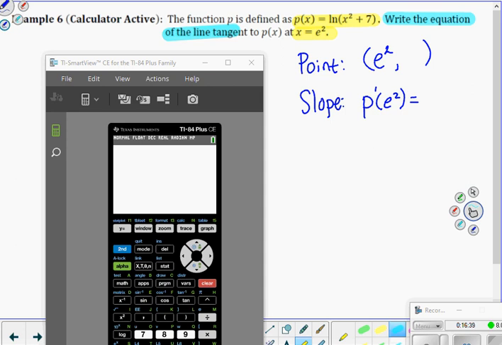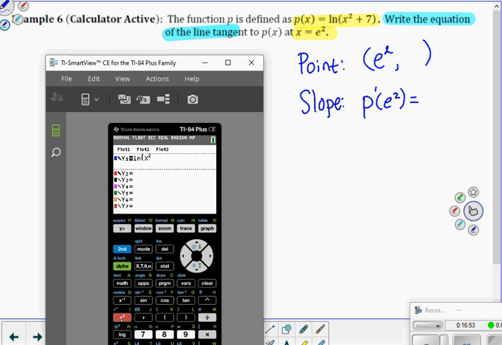I think this is a good opportunity to go into y equals. I'm going to clear yesterday's work, and let's go with natural log of x squared plus 7. Oops, not 4, 7. It's in y1, so keep that in your head or write it down.